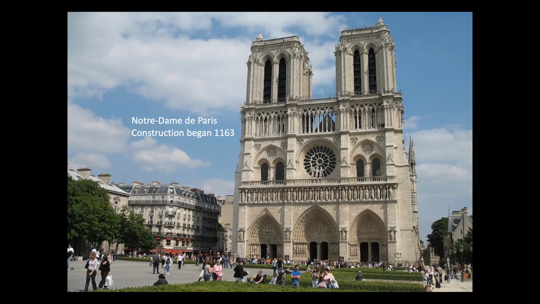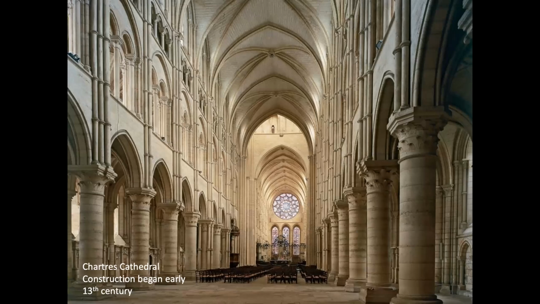And there was a real emphasis on verticality in Gothic architecture. This is Chartres Cathedral from the 13th century. And you can see this on the side aisles there. You can see again those pointed arches.